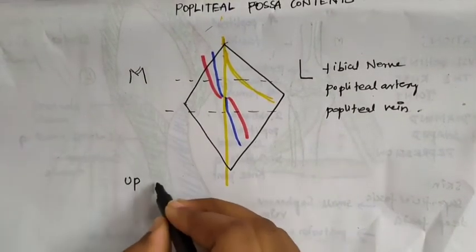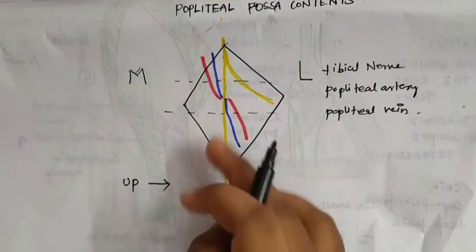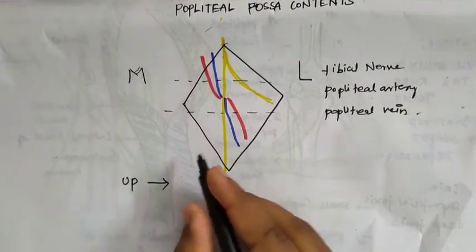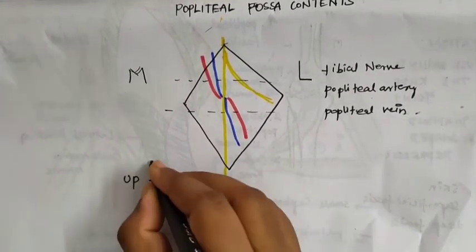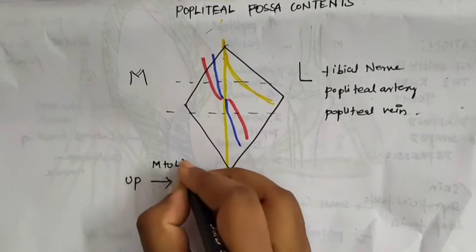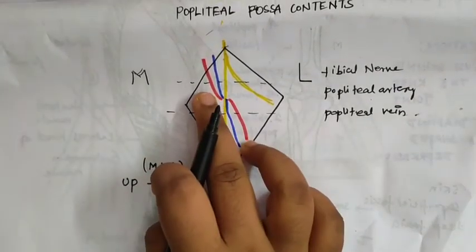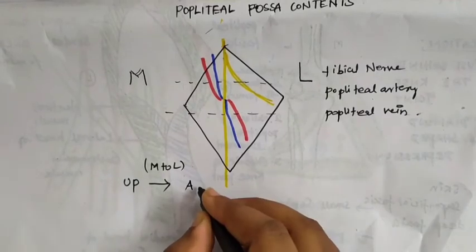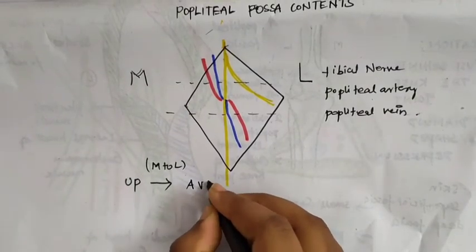In the upper portion, medial to lateral: artery, vein and nerve.